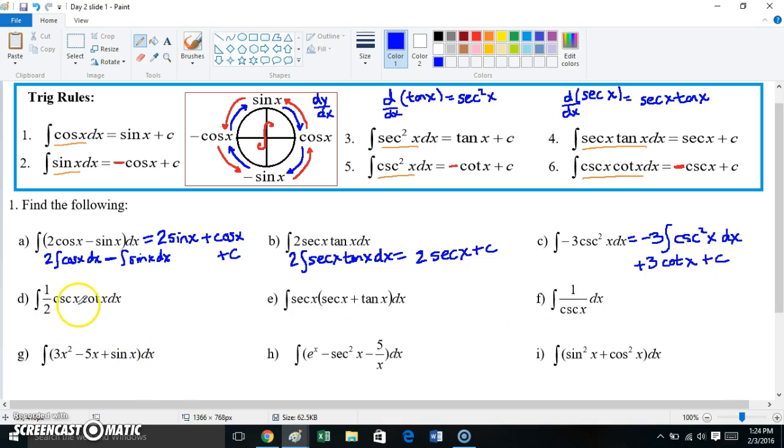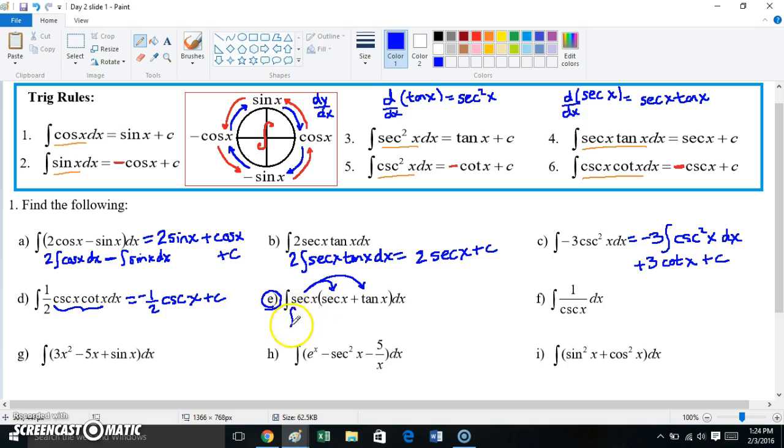The integral of cosecant cotangent is negative cosecant of x. So we're going to get negative 1/2 cosecant of x plus c. Okay, letter E, we have a product of two functions.